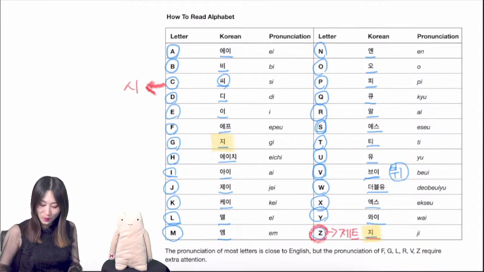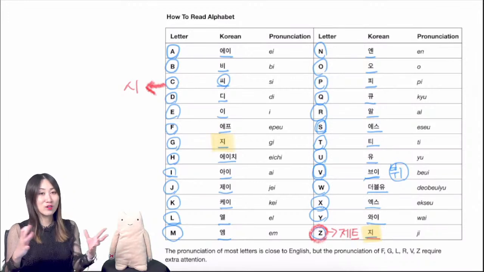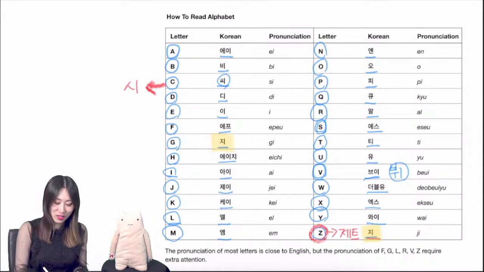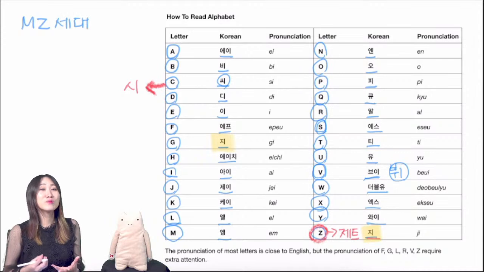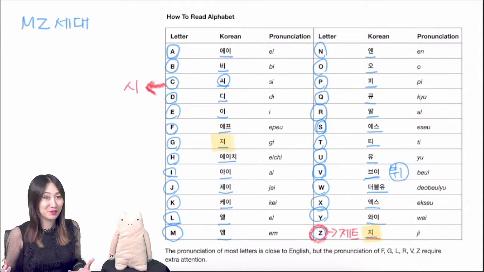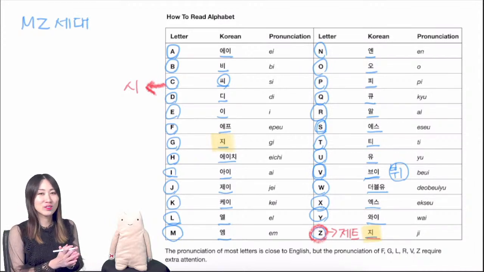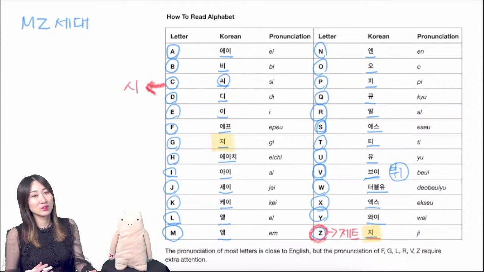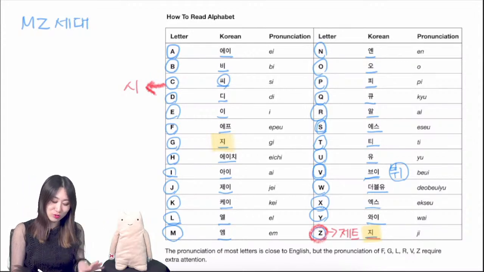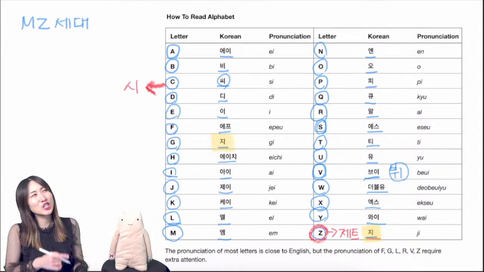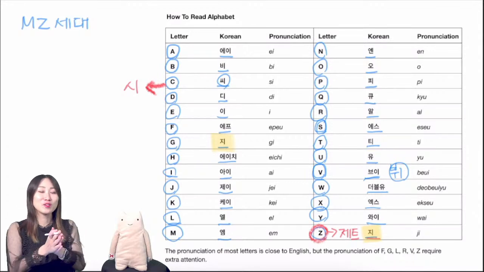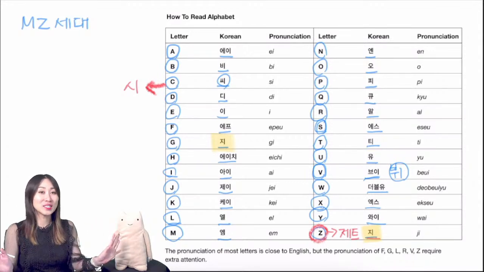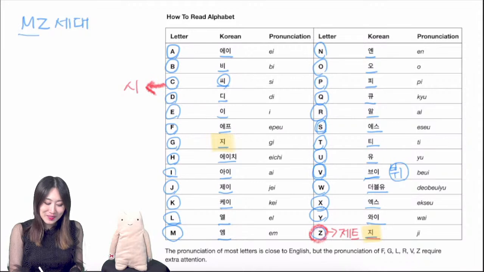For example, do you know the young generation in Korea? We often call them MZ 세대, the MZ generation, and usually they are people in their 20s, and I think teenagers are also included. But anyway, mostly the 20s, they are MZ 세대.